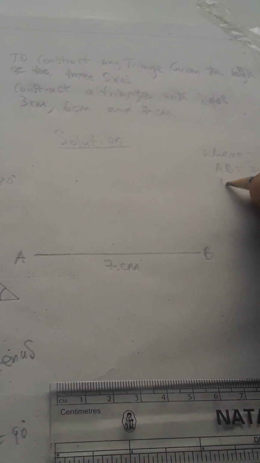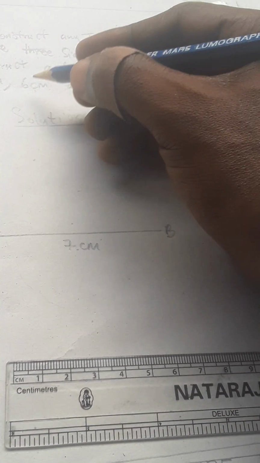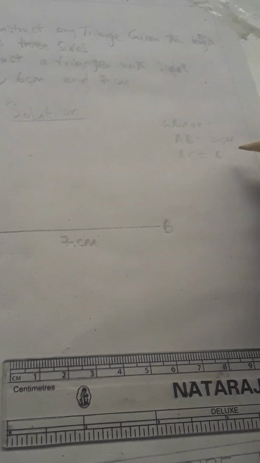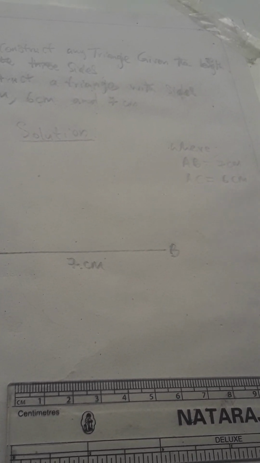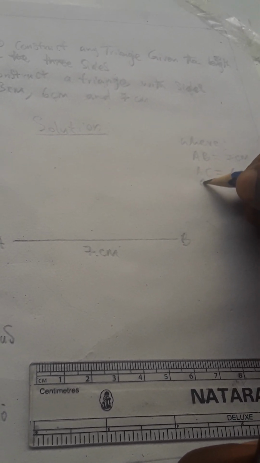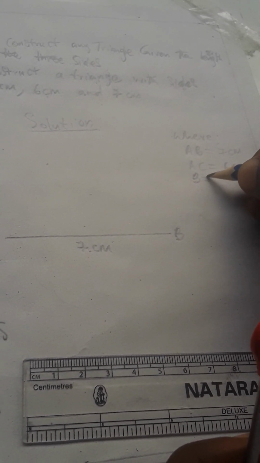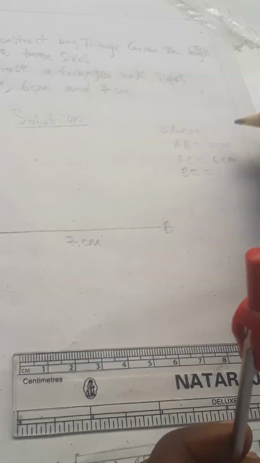Let's call it AC. AC is 6 cm. Then let's assume BC should be the remaining 3 cm.